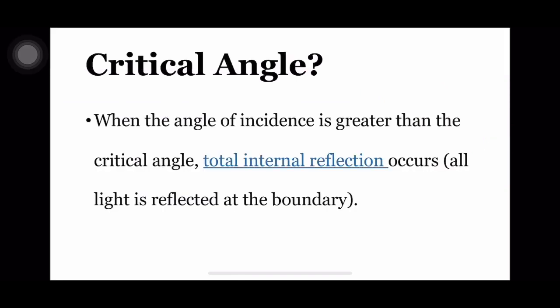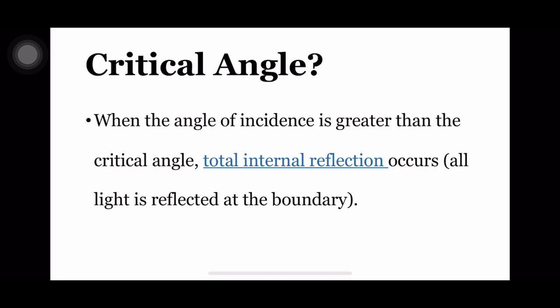So what's the significance of the critical angle? Why is it critical? Because if we use an angle of incidence greater than the critical angle, there will be no refraction to happen anymore. Instead, something else will happen. When the angle of incidence is greater than the critical angle, total internal reflection occurs.